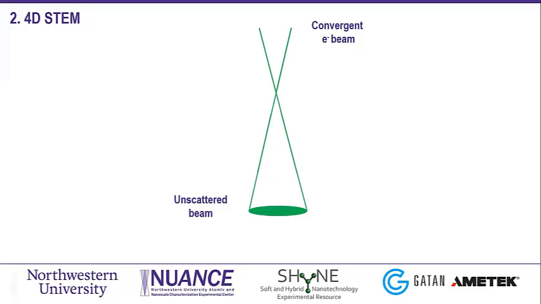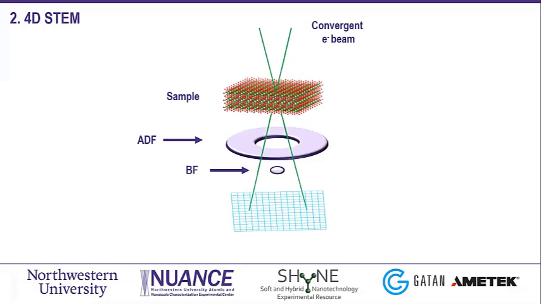For those that are not familiar with STEM, the lenses in your microscope converge the beam to a point, and if you are in vacuum, you create this beam on your screen. When you insert the sample there, the sample scatters the electrons, and you can collect the image using annular dark field, for example, or bright field, right?